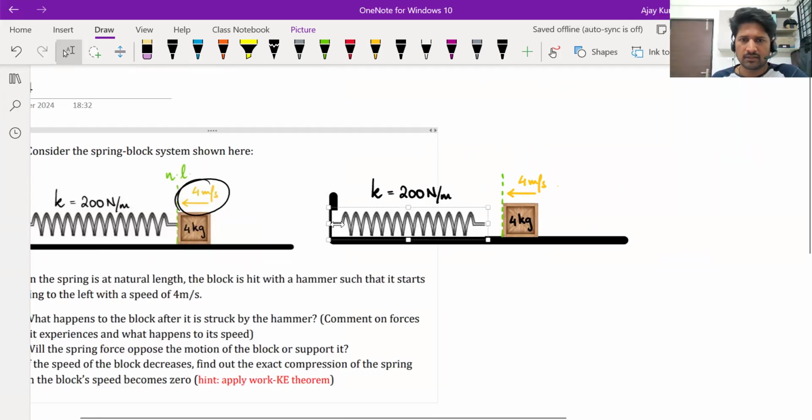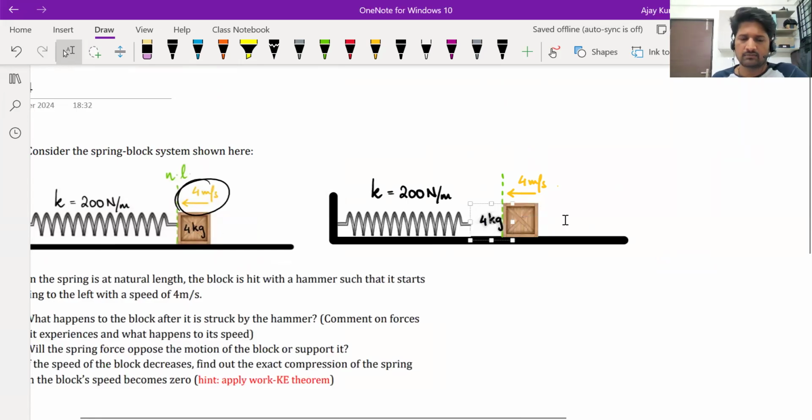So from that natural length position, as the spring gets compressed, due to the block moving to the left. Why is this not working? Okay, never mind.